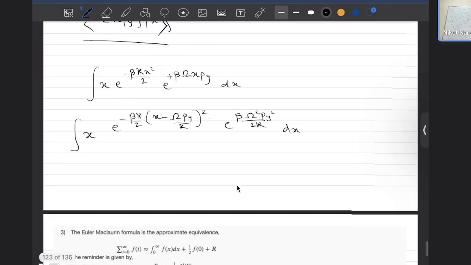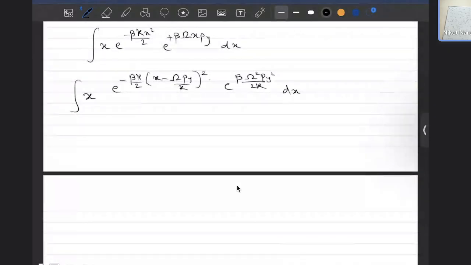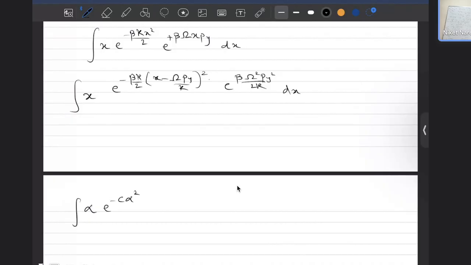This is what we have here. All right. So this is alpha e raised to power minus c alpha square d alpha into this constant, which is e raised to power beta omega square py square by 2 kappa. Yes, that we cannot forget, obviously.